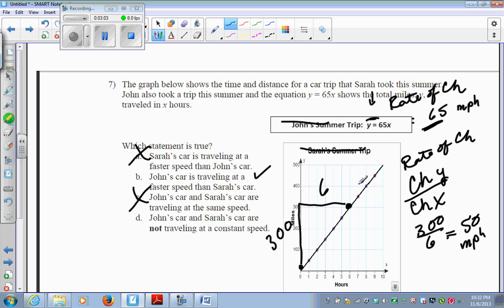And you can see that because if this goes from here up to here, it went up from 300 to 500. This went up by 200. And then from 6 to 10 is going up by 4. 200 divided by 4 also simplifies to 50 miles per hour. So she is going the same rate of change constantly. You can tell that because it's a linear function. So therefore, they're both going at constant speed. That means we're right. The answer has to be B.